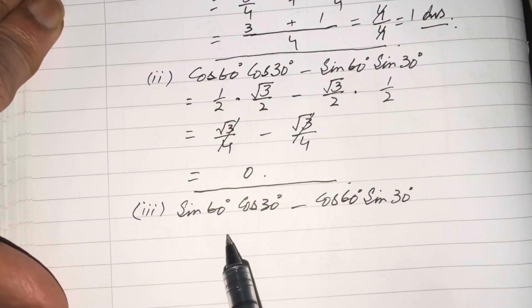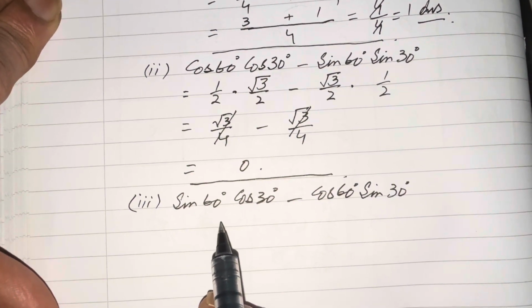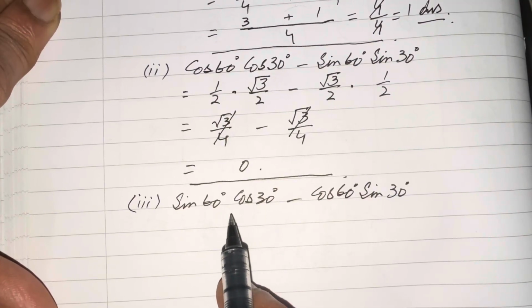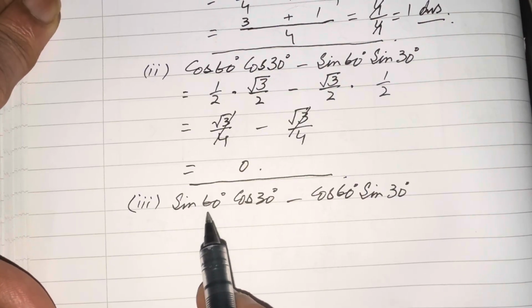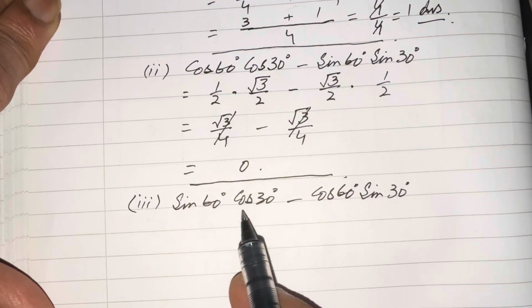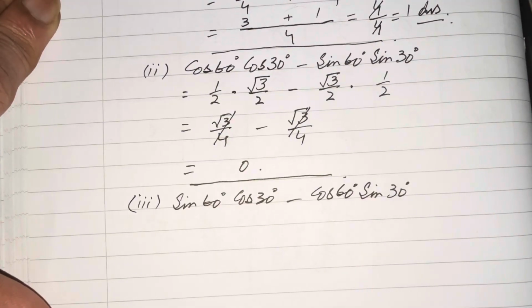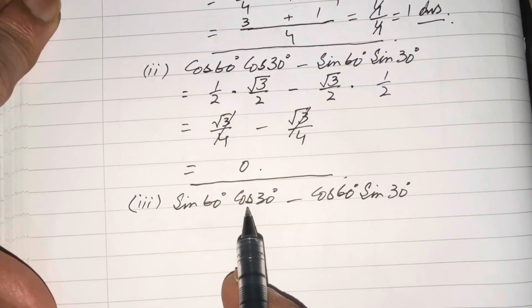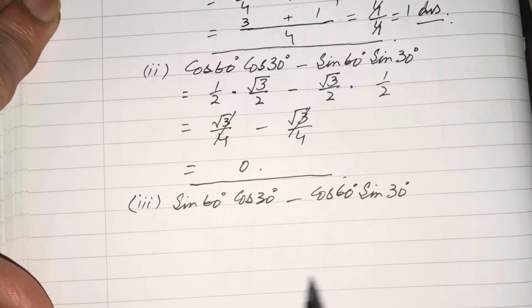So we practice these kinds of questions to remember the values of different trigonometric ratios, sine, cos, and the angles 60, 30, 45, and 90. So taking this example: sine 60 cos 30 minus cos 60 sine 30.